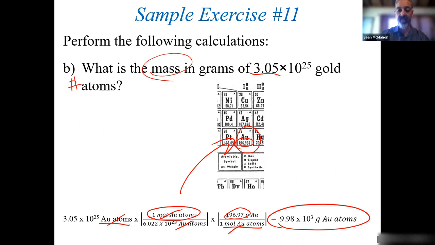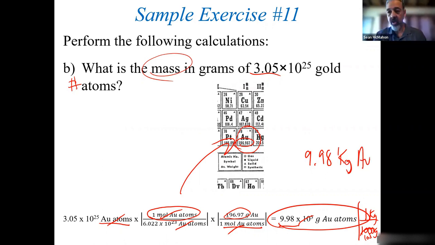I have 3 sig figs because of this. Could I change this to kilograms? Of course. There's 1,000 grams in 1 kilogram. So what would I do? That would mean I would basically divide it by the 10 to the 3 because that's what 1,000 is. So there'd be 9.98 kilograms of gold. That's a lot of gold, man.